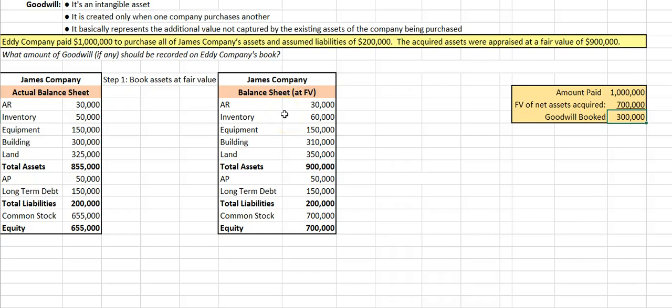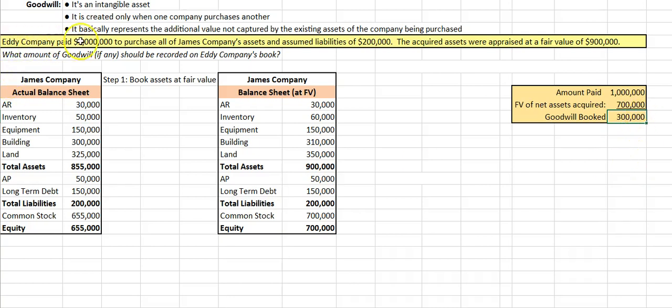It could be the fact that Eddy Company has such great brand name or great management, and so whatever it is, Eddy Company feels that James Company is worth $300,000 more than the net value it can identify on its current balance sheet. So they're willing to pay an extra $300,000, and that's what we call goodwill.